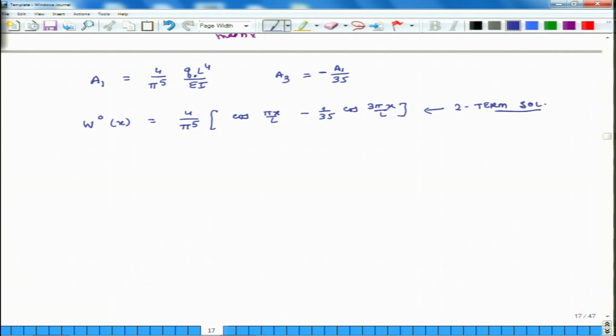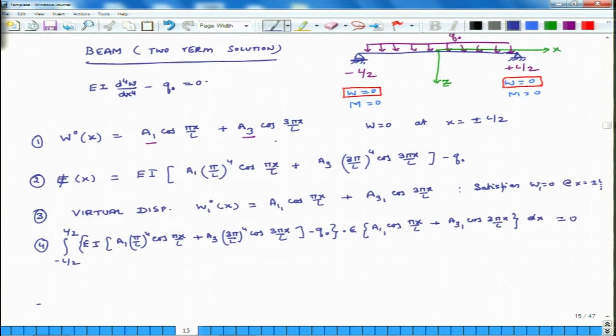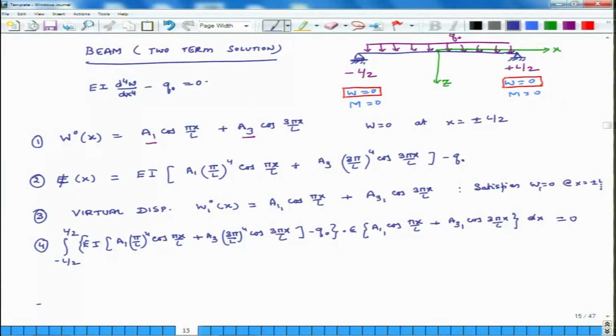Similarly, if we wanted to do a three term solution, what will we do? We will go back to our expression for W and have three terms. Maybe I will just extend this: A1 cosine pi x over L plus A3 cosine 3 pi x over L plus A5 cosine 5 pi x over L. Next, I will compute the error force.